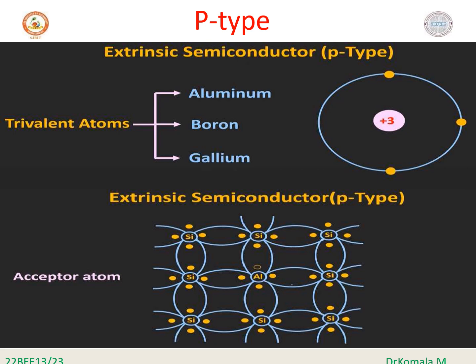This is what has been explained in the diagram, and it is also seen that an acceptor doping level is introduced into the valence band so that conduction occurs by the process of hole transfer.